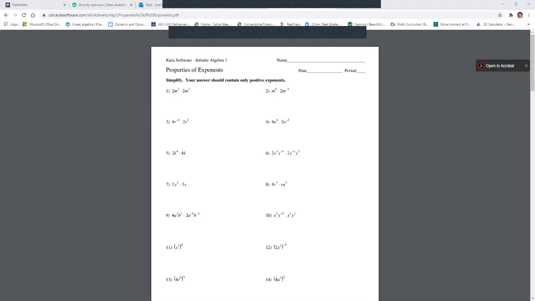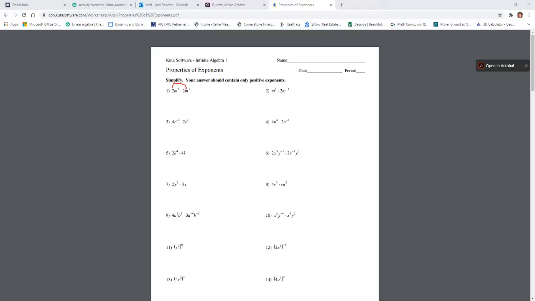And so think about each problem as you move and look at, are you being asked to add, subtract, multiply, or divide? And again, since there's a dot there, we know we're multiplying. I'm going to start off by multiplying 2 times 2, and that's going to give me 4. And then I have two expressions here, and they have the same base.